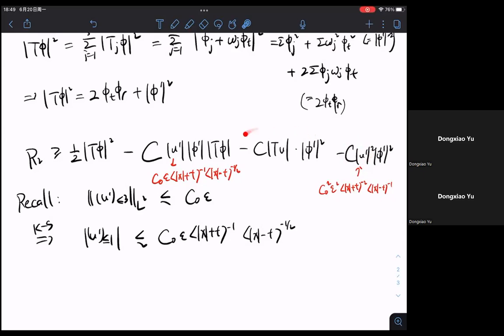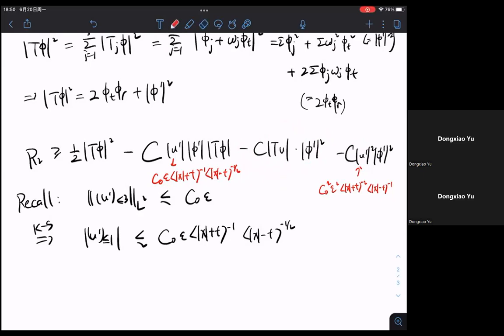The problem that you might need to be a little careful about is the third term here. We have a bound for U prime, but we don't have a bound for T U. You can, of course, control this by U prime, but that bound is not good enough, because here T is the tangential derivative, but U prime is just the usual derivative. So you expect to lose something.